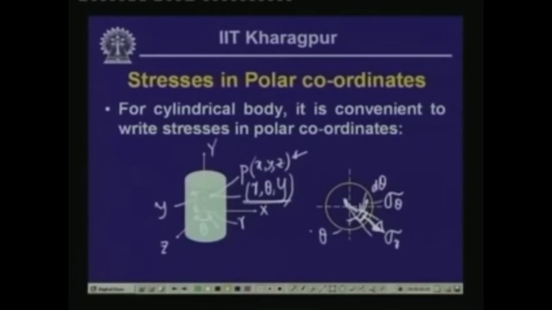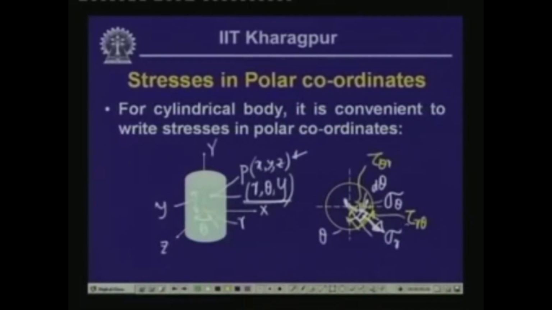The stress normal to this surface, which will be acting along the circumferential direction, we call sigma theta. Also, we will have the tangential stress on this plane as well as on this plane, and tangential stress in the radial direction as well. This tangential stress, which we have defined as shearing stress, is tau on the r plane acting in the direction of theta, which we call tau r theta, and the other tangential stress on the theta plane will be tau theta r.